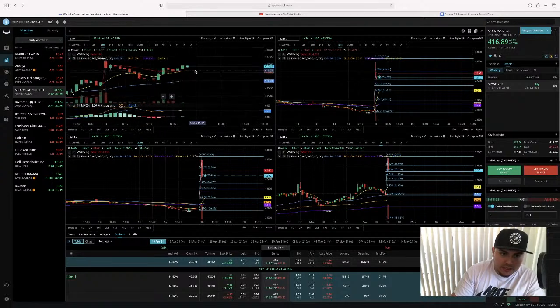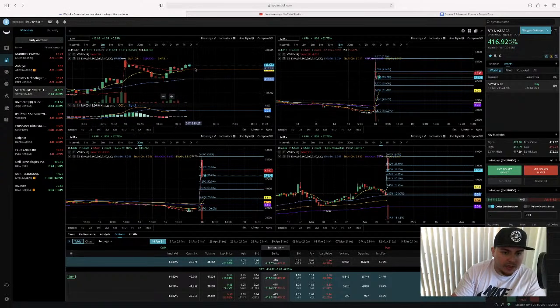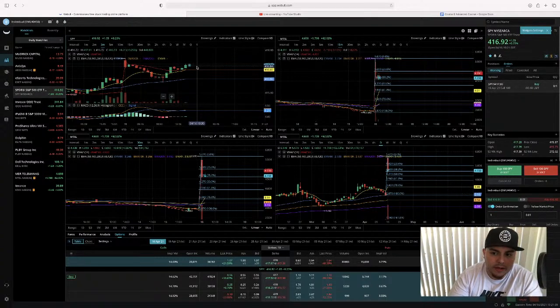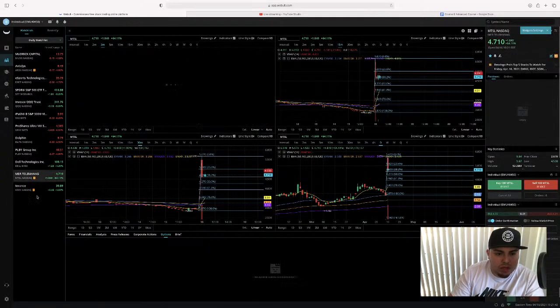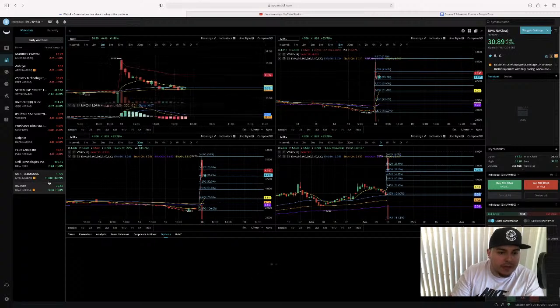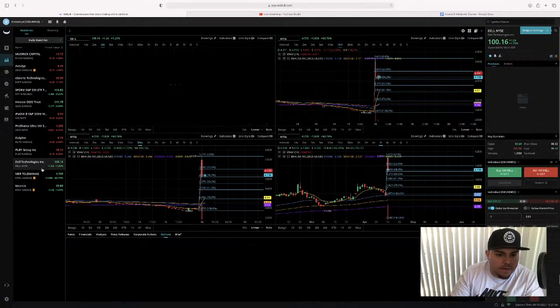I want to see consolidation right here. Maybe if we can get a consolidation point right here, but man, nothing. I can't land a single trade today. Can't land a single trade. We'll see right now. This is frustrating, guys. Very frustrating.